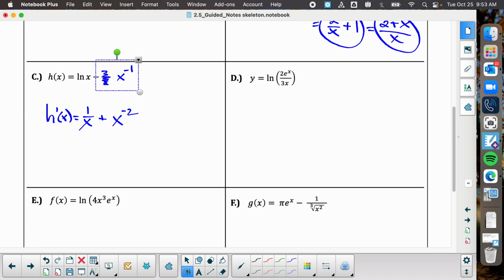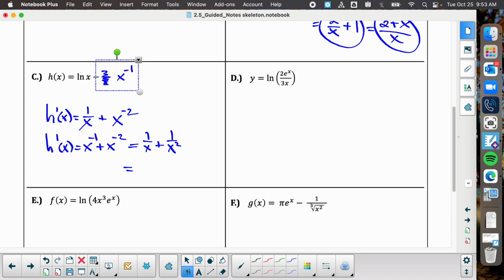I can write the answer a whole bunch of different ways. One way is I could write it both with powers. One way I could write it both with fractions. Another way is I could combine the fractions.